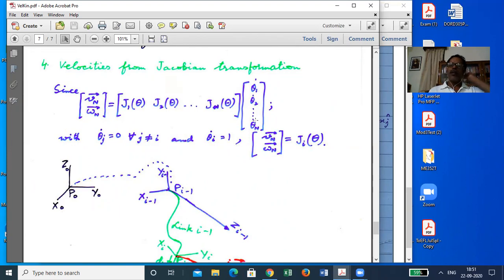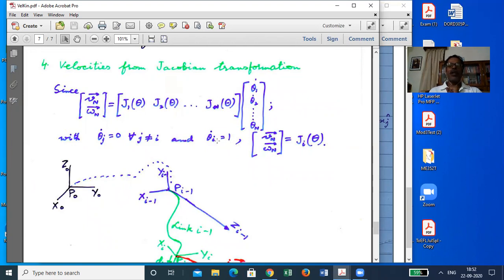The derivatives of the joint variables. Now consider, if you give all the joint variables 0 rate except one, that means lock all the joints except one, the i-th joint, and at the i-th joint you give a unit input.